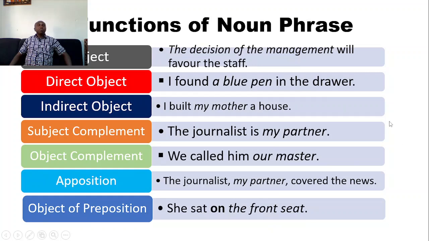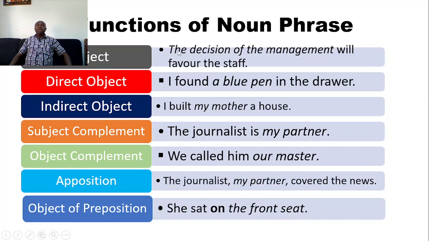And these are the functions performed by a noun phrase. We stated earlier that a noun phrase is a phrase that can function as a noun, or that can perform the functions performed by a noun. The first function here is subject. As we know, a noun can function as the subject of the verb or subject of the sentence.